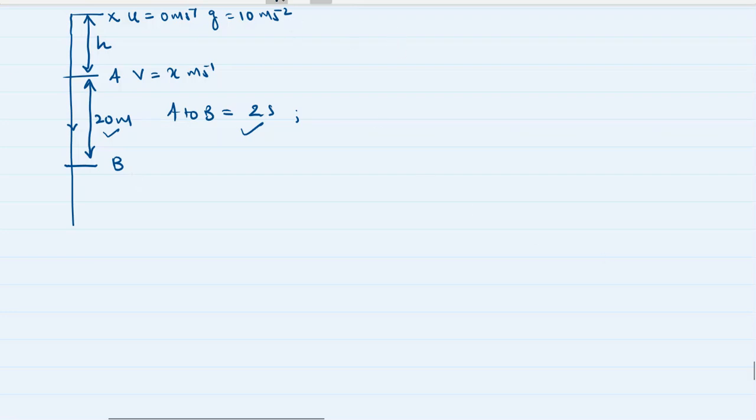Okay, let's take this first phase into consideration, where initial velocity is 0 meter per second, final velocity is x meter per second, acceleration due to gravity is 10 meter per second square, and height is h. If we take this initial scenario into consideration, what equation can we build?